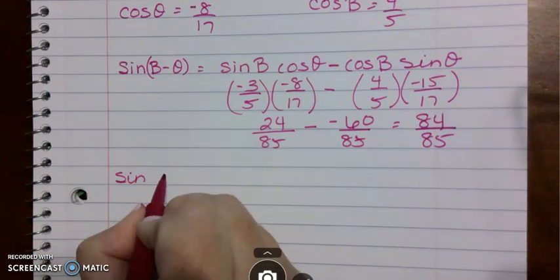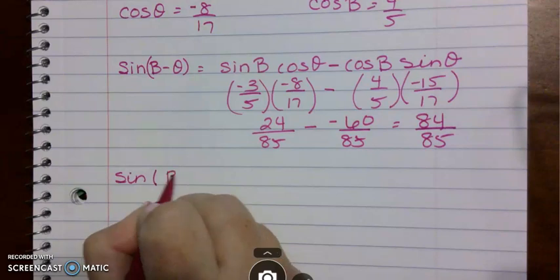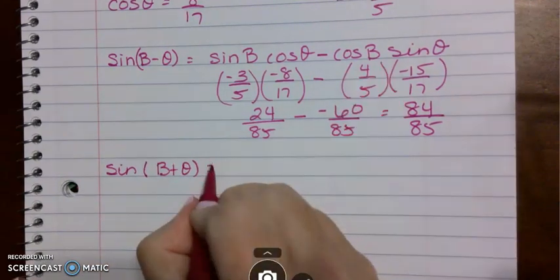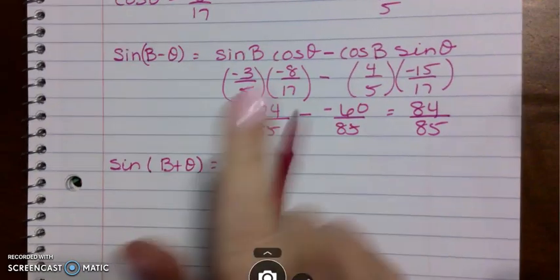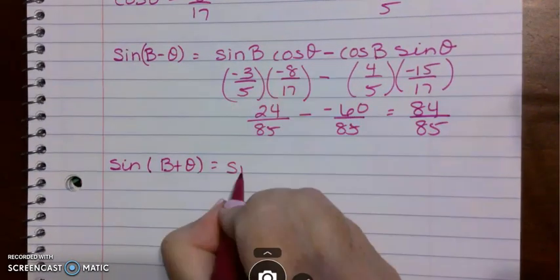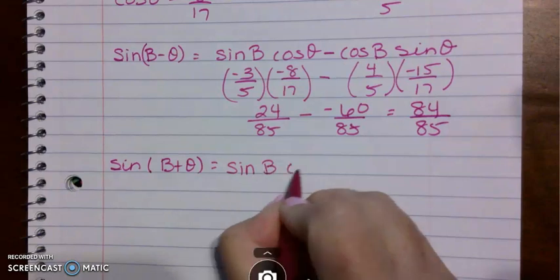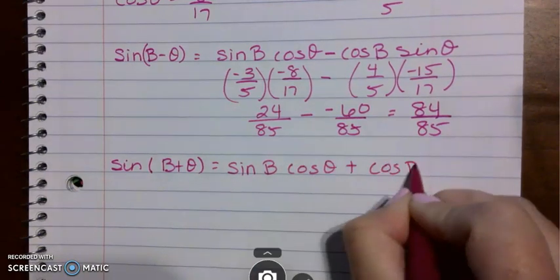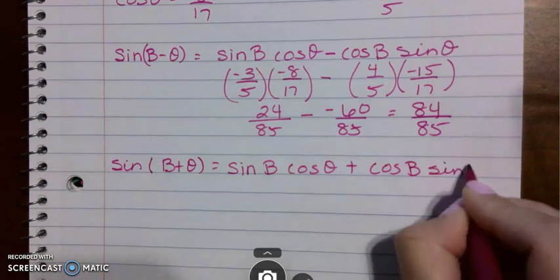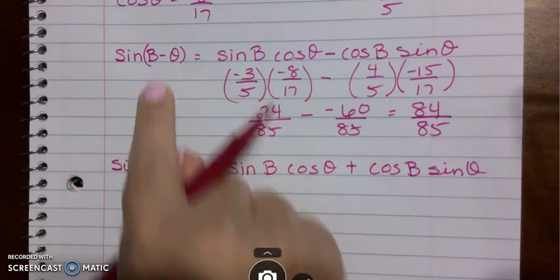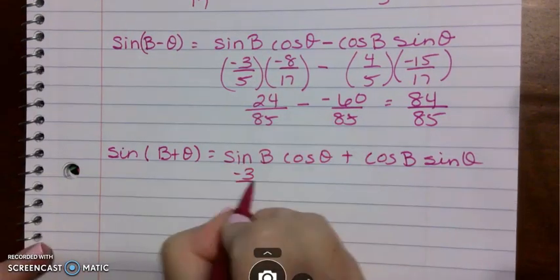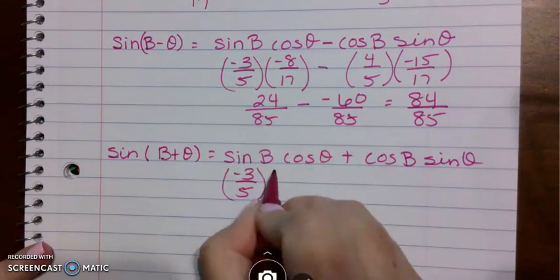Sine of B plus theta. I'm going to pull the same formula because it really is the same formula, but because this is plus, that will be plus. So this is sine, cosine, cosine, and sine, because notice it's B theta and B theta. What's going to be nice here is we're going to use the same numbers.